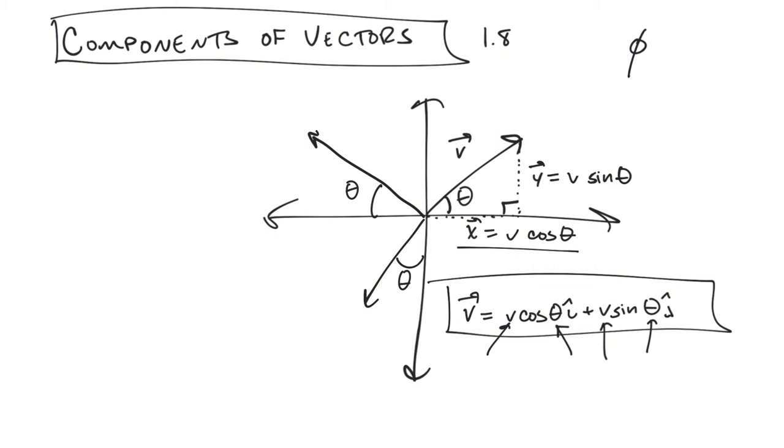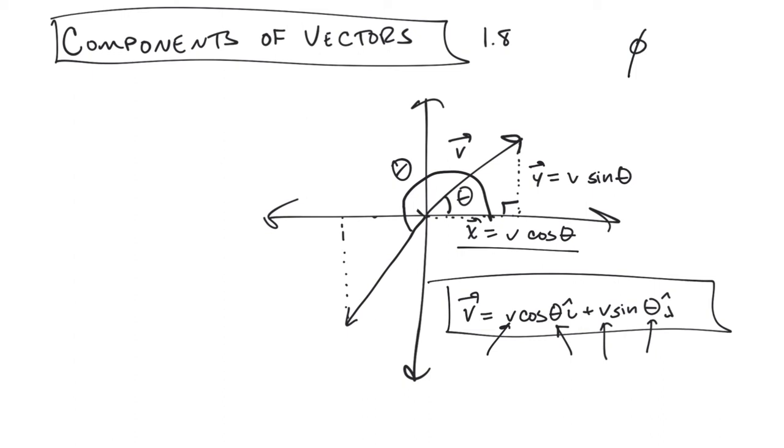But in general, when talking about vectors, the standard practice is not to measure your angle from anywhere besides the positive x-axis. So if I have a third quadrant vector over here, standard practice is to actually call my angle that whole thing there.